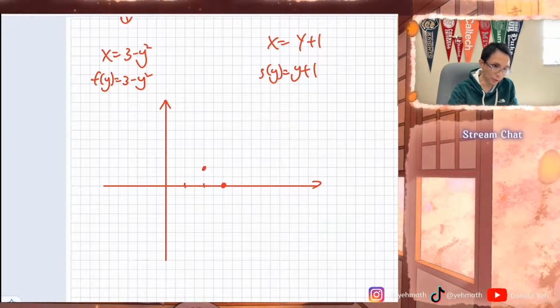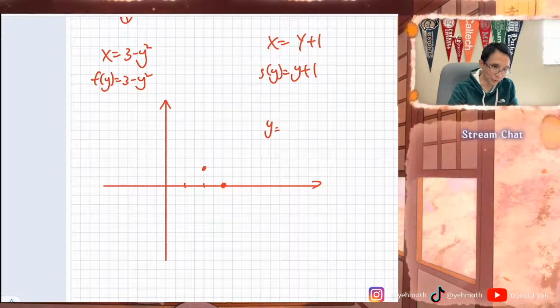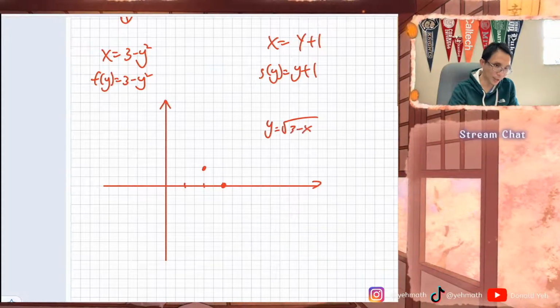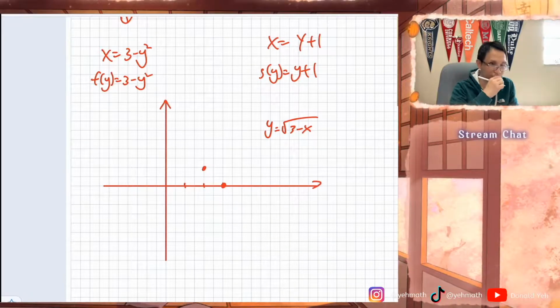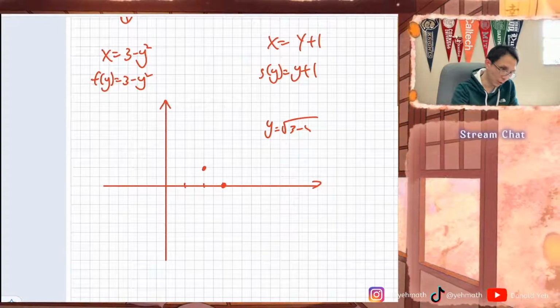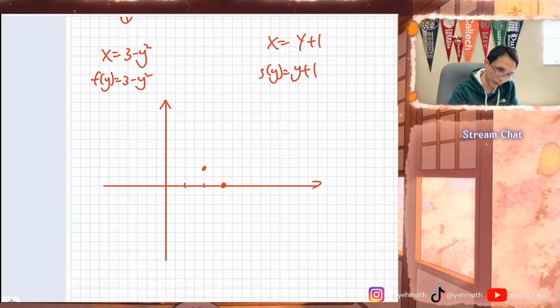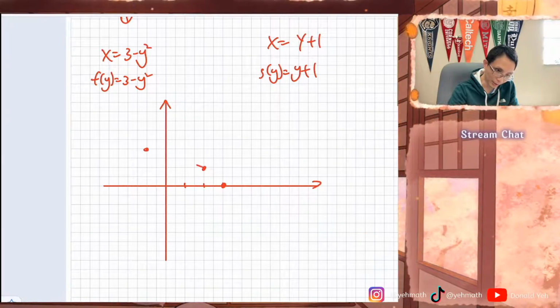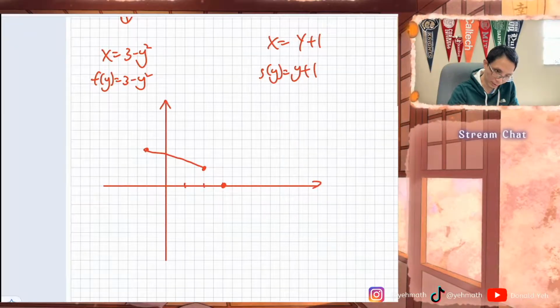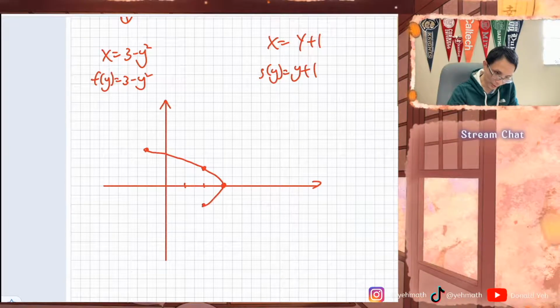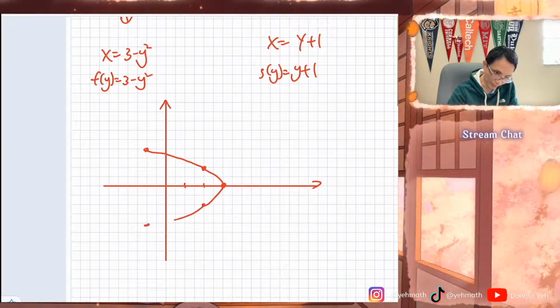The problem is if you graph y equal to square root of 3 minus x, it's only going to be half the curve, which is bad. You want to see the whole curve. So that's not a good way to think about it. You're going to graph it going like this, and this point is going to come back this way.